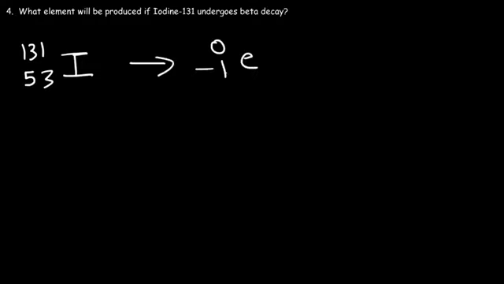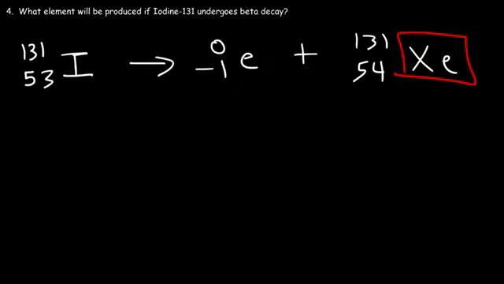So we have to put that on the right side. So what is the missing element? 131 minus 0 is 131. And then negative 1 plus what number adds up to 53? Negative 1 plus 54 adds up to 53. And element 54 is xenon. Xenon has an atomic number of 54. So that's the element that will be produced.